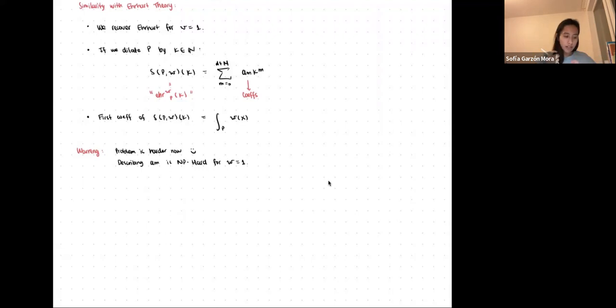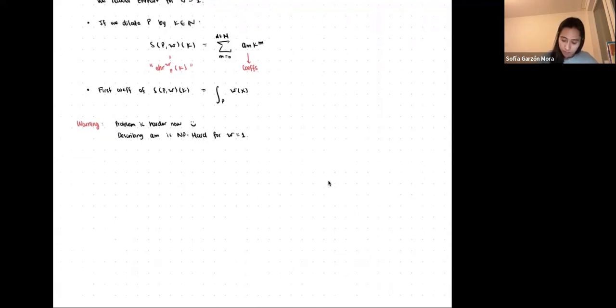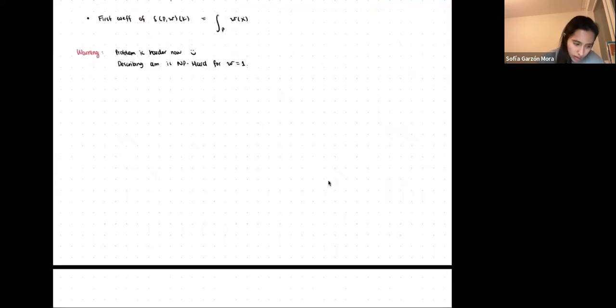So let me introduce you to a few notions in weighted Ehrhart theory. And so we have an analog. Maybe I can write this as a definition and call it the weighted Ehrhart series. And the notation will change a little bit here.